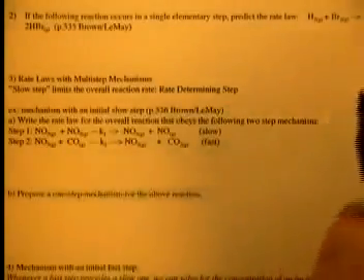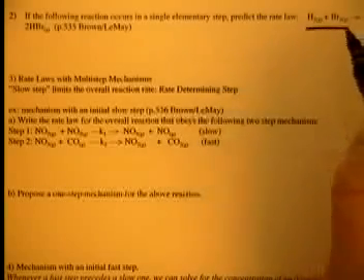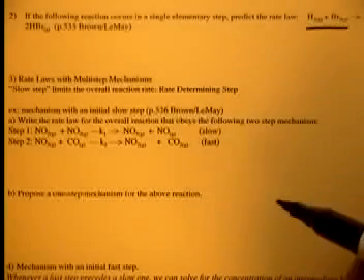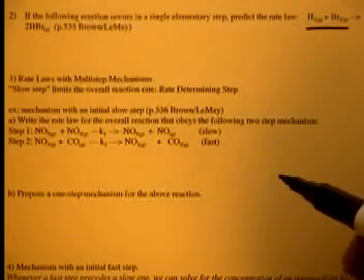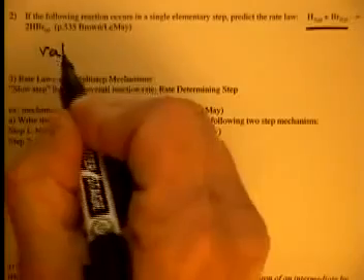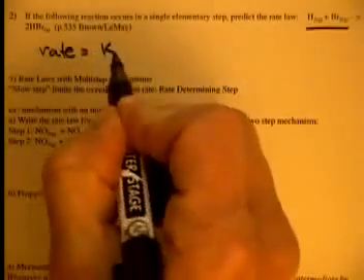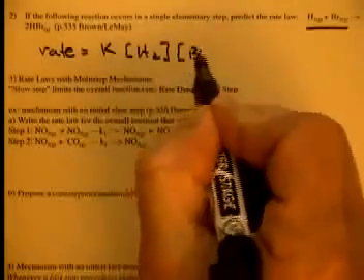And if it occurred in a single elementary step, remember that the coefficients in front of the reactants would have to match the exponents or the orders for the rate law. So my rate expression then would be rate is equal to some constant K times the concentration of H2 to the first power times the concentration of Br2 to the first power.